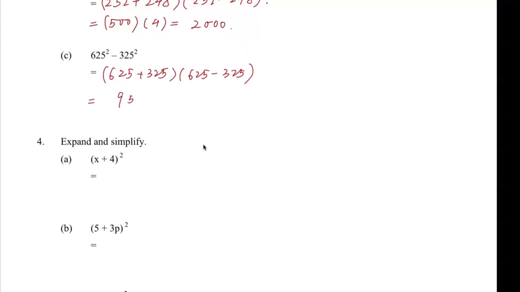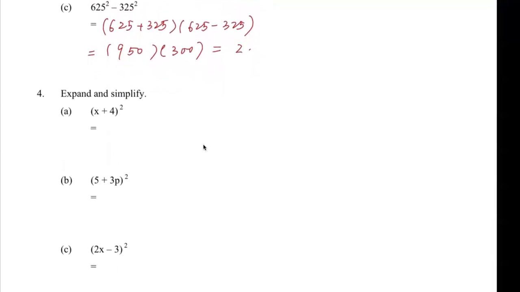So 950 times 625 minus 325, that'd just be 300. So it will be 285000.